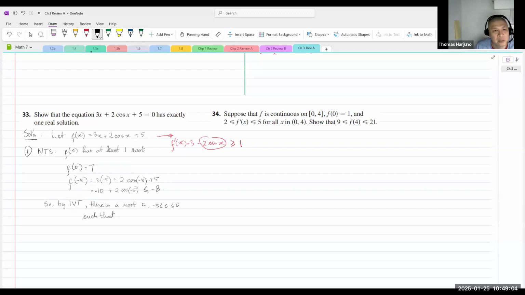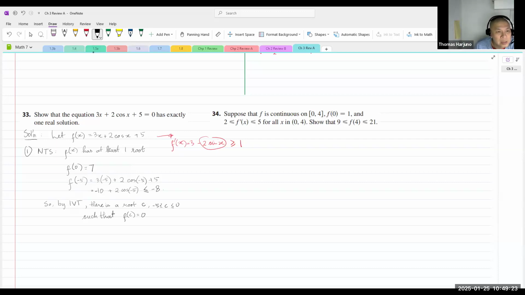So there must be a c in that interval such that fc equals 0, right? In this one interval here, we have one solution. There could be other solutions in other intervals, we don't know, right? But at least now we have shown that we have at least one root.